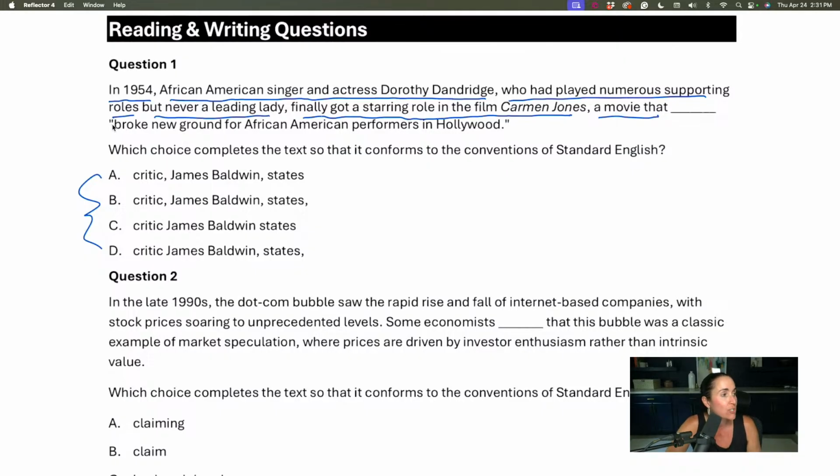But in this case, we're just grabbing a little piece of what James Baldwin states and throwing it in at the end. It's part of the sentence. You do not need a formal comma there. Plus, "broke" would have a capital B because it starts a new sentence. It would be James Baldwin states, comma, and then a capital B, because it's basically a whole new sentence. And that's not what's happening here.